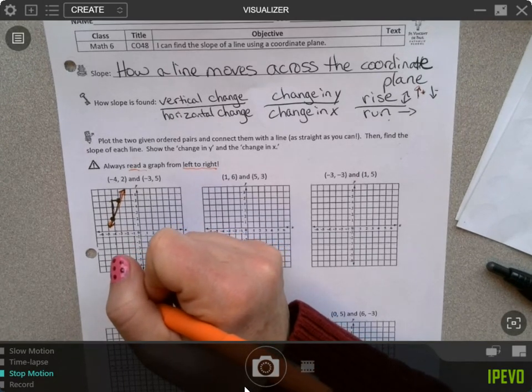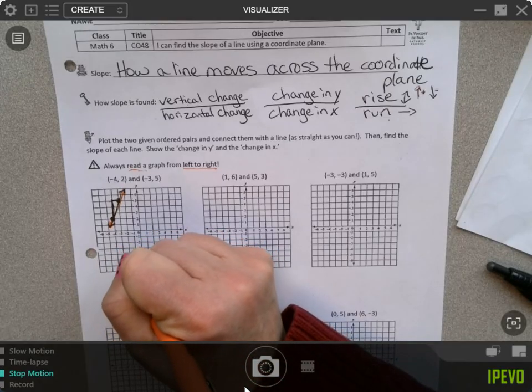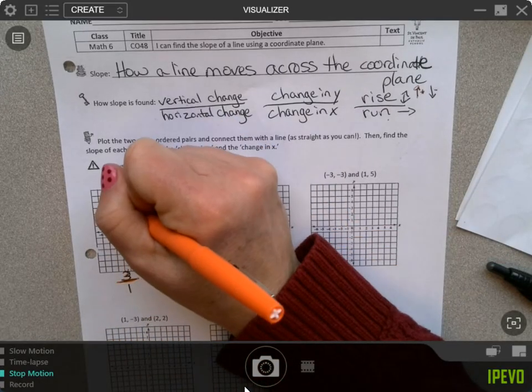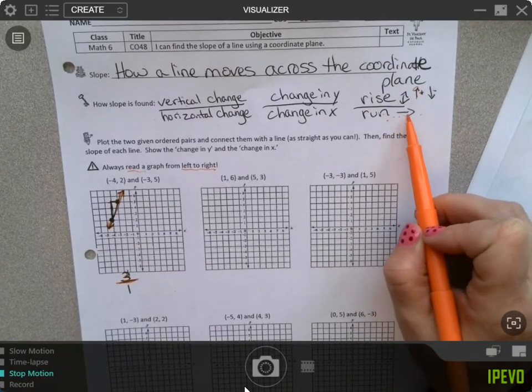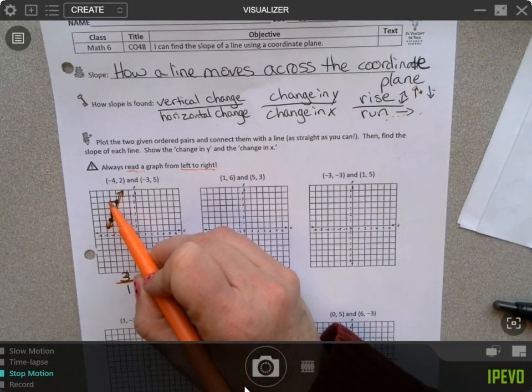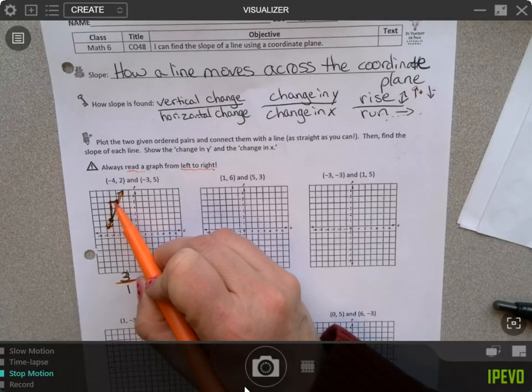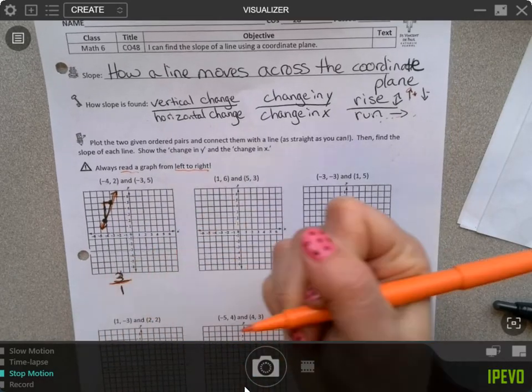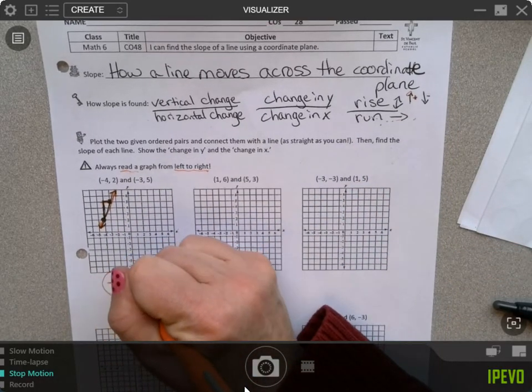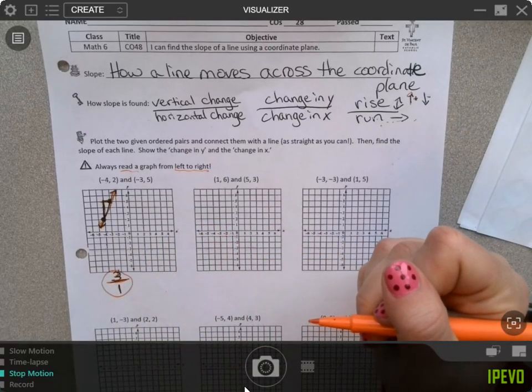So the 3 at the top of the fraction. Then we draw that fraction bar. Now we need our run. The run always goes from left to right. So I'm right here. I'm going to count how many over I have to go to get to my next plot. I go over 1, so I put a 1 on the bottom. So this is my slope, 3 over 1.